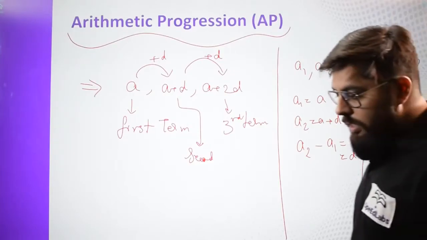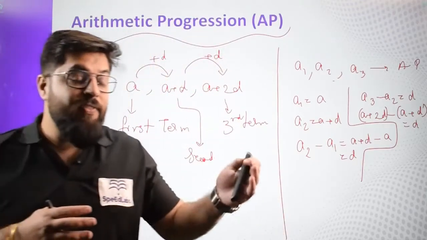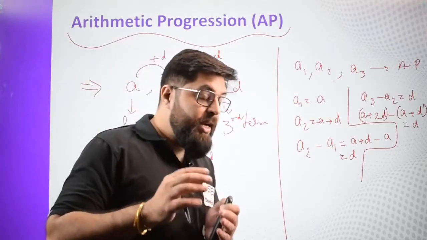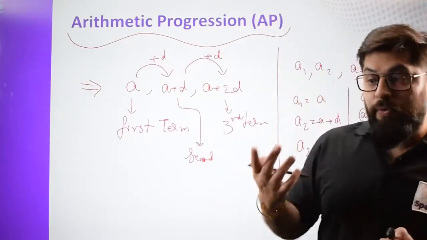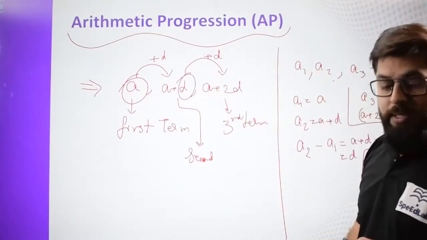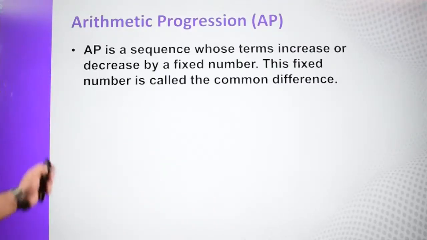So we can say that an arithmetic progression follows the order that the difference of two consecutive terms is always a constant, and that constant is called common difference. The first term is represented by A and this common difference is represented by D. So AP is a sequence whose terms increase or decrease by a fixed number.